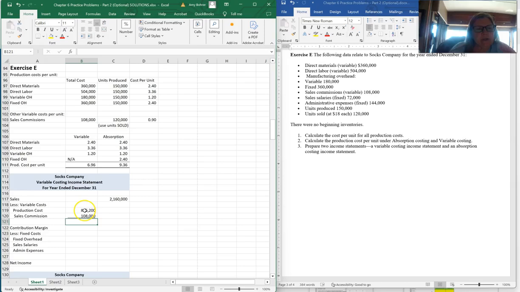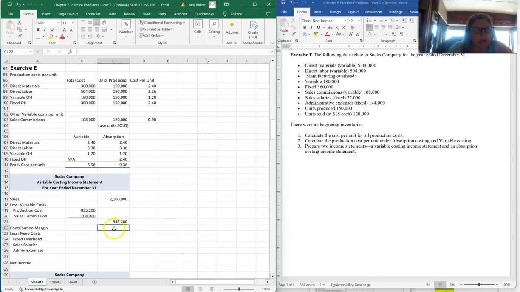Right, so the production costs here are costed out using the $6.96 under variable, because we're doing the variable costing income statement first, times the number of units sold, which was 120, not number of units produced. Okay, so my total variable costs are going to be $948,200.